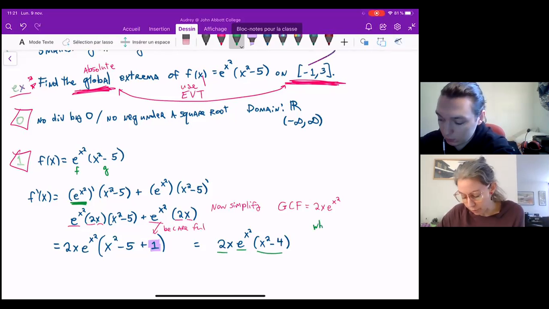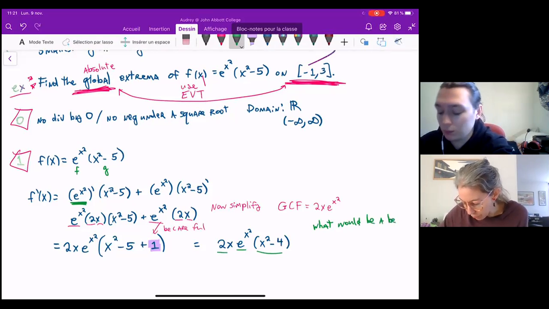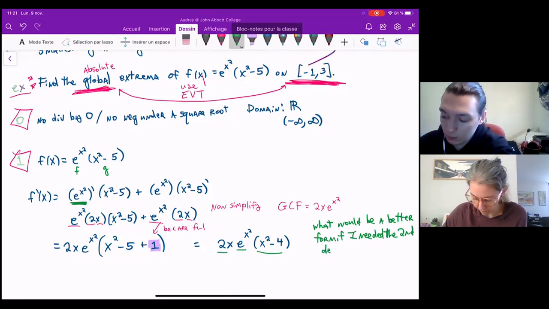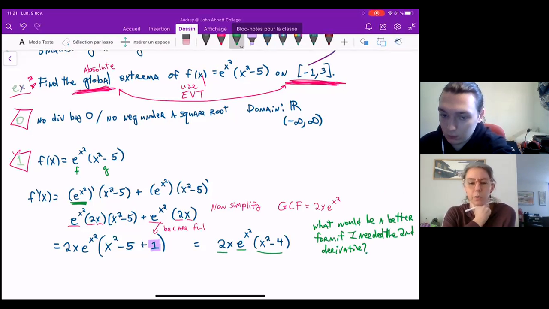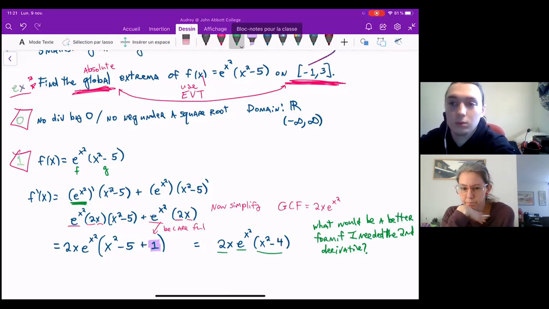What would be a better form if I needed the second derivative? Tell me in the chat. What do you guys think?